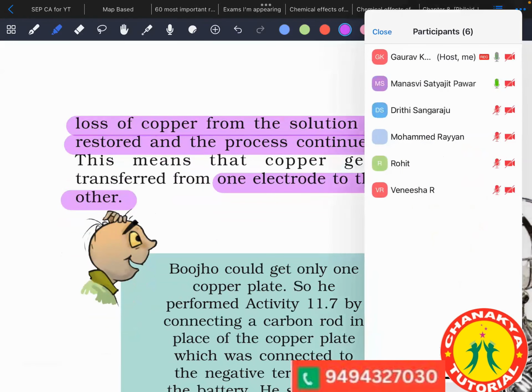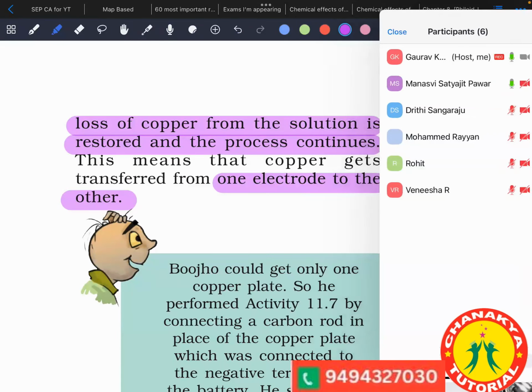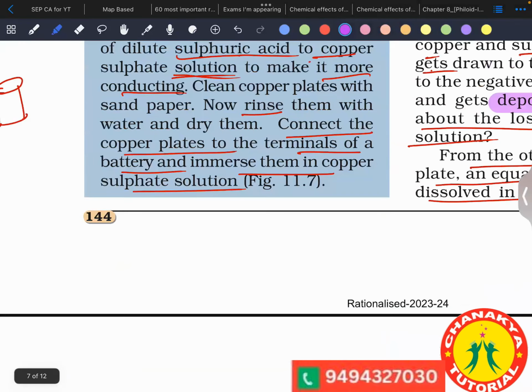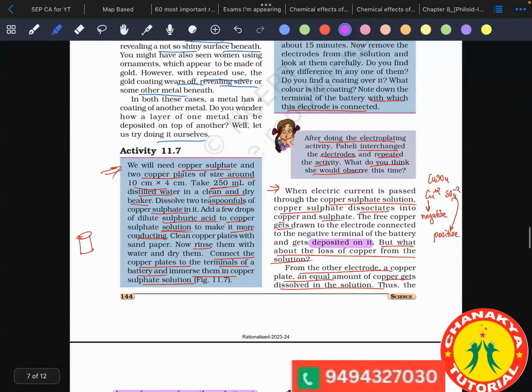So both the copper plates should lose the same amount of copper, right? Not necessarily. Why does only one plate lose and the other gains? Okay, you can understand it like this.